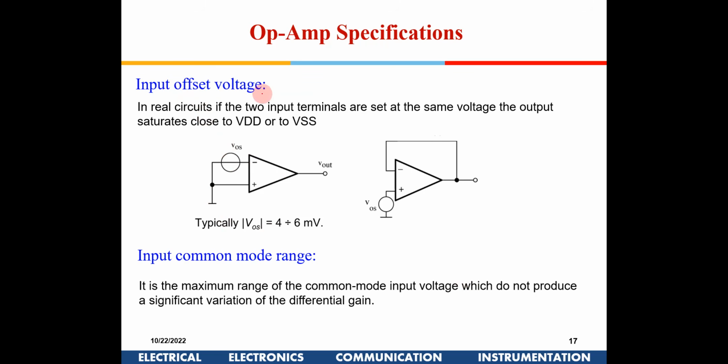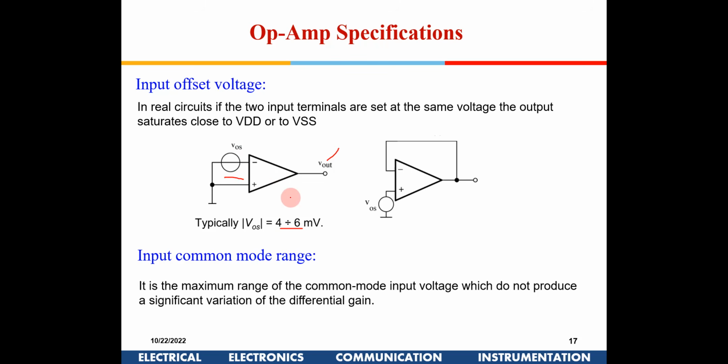Then I can have input offset voltage. I should apply some input offset voltage to get Vout 0, because while fabricating, because of various mismatches, if you give the same input, 0 0 say here, you may not get a 0 output out here. So typically you have to give an offset of around 4 to 6 millivolt here, and that could be plus or minus, because you can't say which side's transistor has got fabricated differently, the plus side or the negative side.